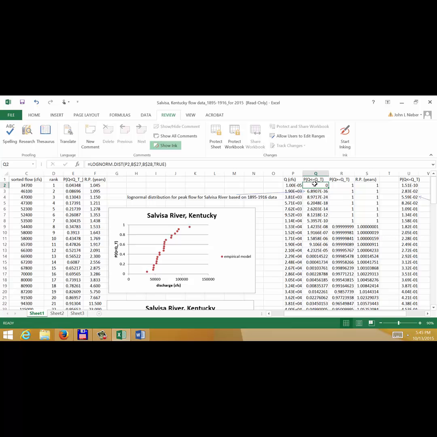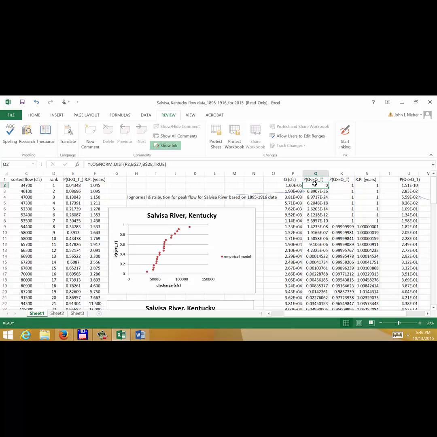If I put TRUE in there, it will calculate the cumulative distribution underneath the probability density function. So the density function is small p of x, or small p of q, and we want the capital P of q. If I put TRUE in, it will give me the area under the curve to the left of the value of P2, or the value of q.